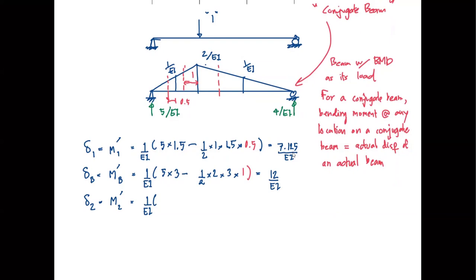So this becomes 4 multiplied by the moment arm, which is 4.5, I guess. Minus a half of the height, here should be 1.5.